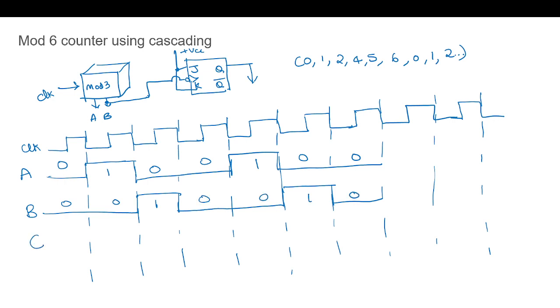Next, C is the mod 2 counter. So this B is given as the clock to the mod 2 counter, and at its negative edge, the flip-flop will toggle. So here is the negative edge, and here is another negative edge.